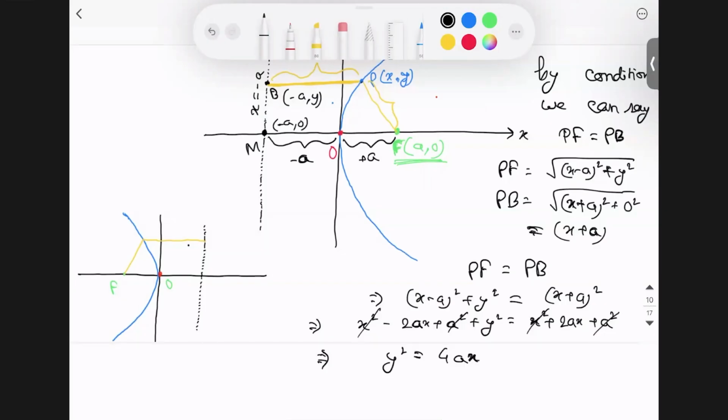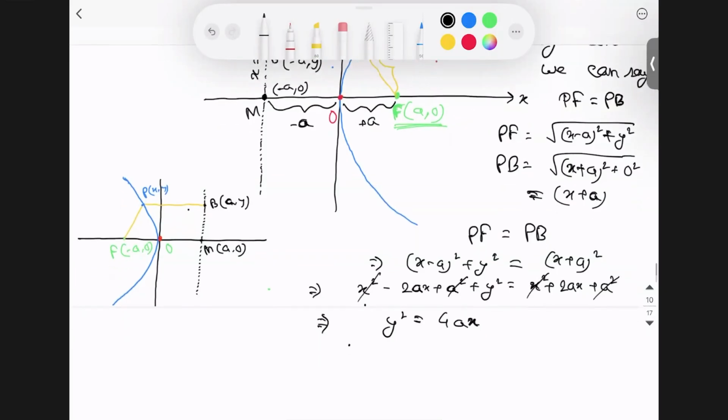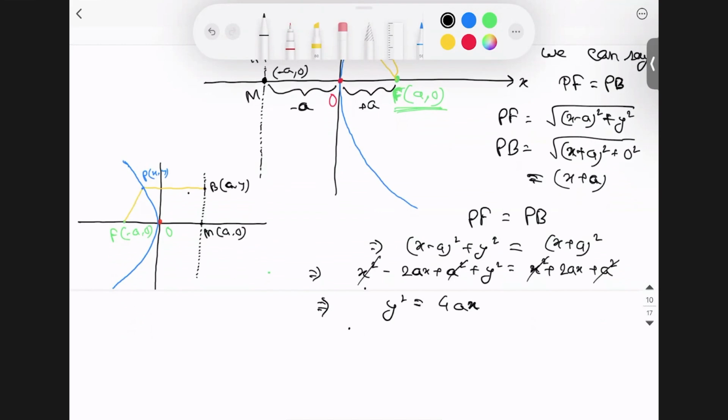But in this case, M has coordinates (a, 0) and F has coordinates (minus a, 0). If I consider any point P as (x, y), and the black point is the foot of the perpendicular from P onto the directrix, then that point has coordinates (a, y). So all things will remain similar, just the sign will change.